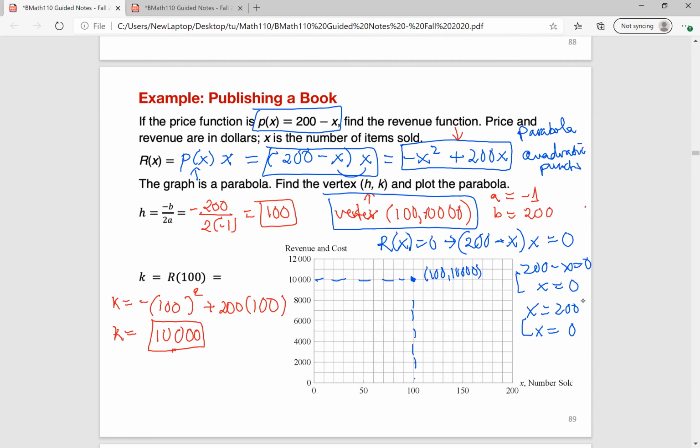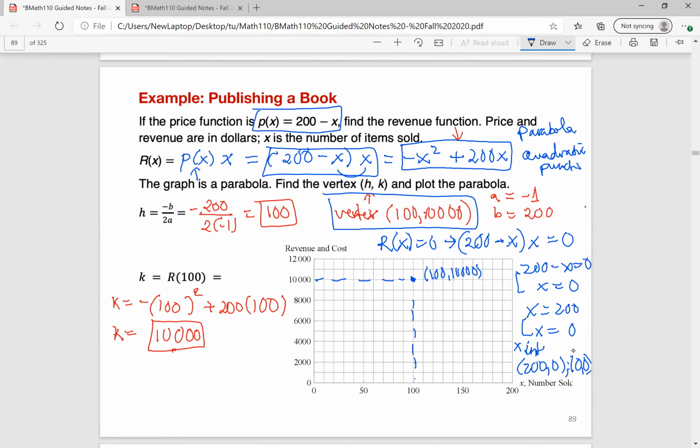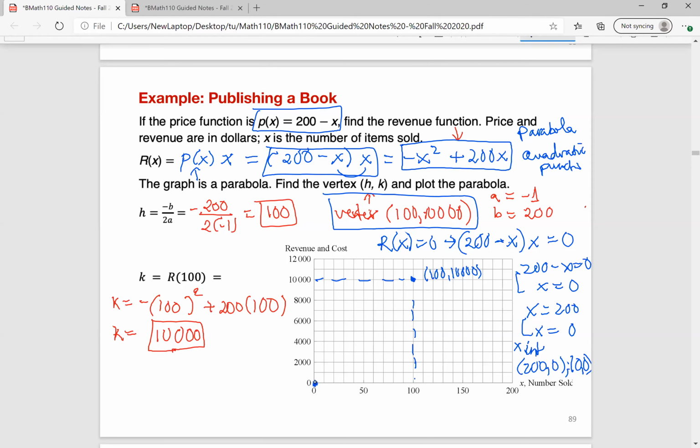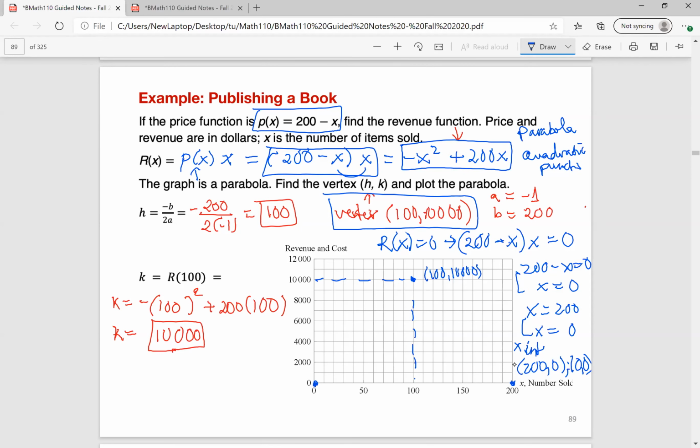And the two x-intercepts of the function will be (200, 0) and (0, 0). Then you can just draw the graph smoothly.